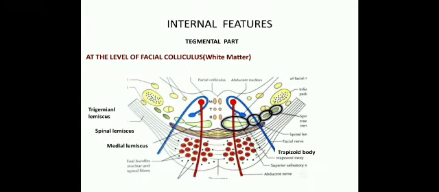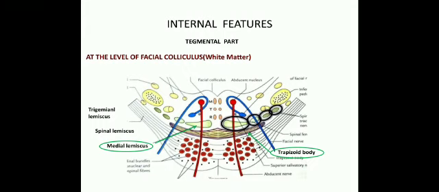The white matter at the level of the facial colliculus includes the trapezoid body. It is a transverse band of fibers lying just behind the ventral part of the pons. It consists of fibers that arise in the cochlear nuclei of both sides. The medial lemniscus forms a transverse band on either side of the midline just behind the trapezoid body.